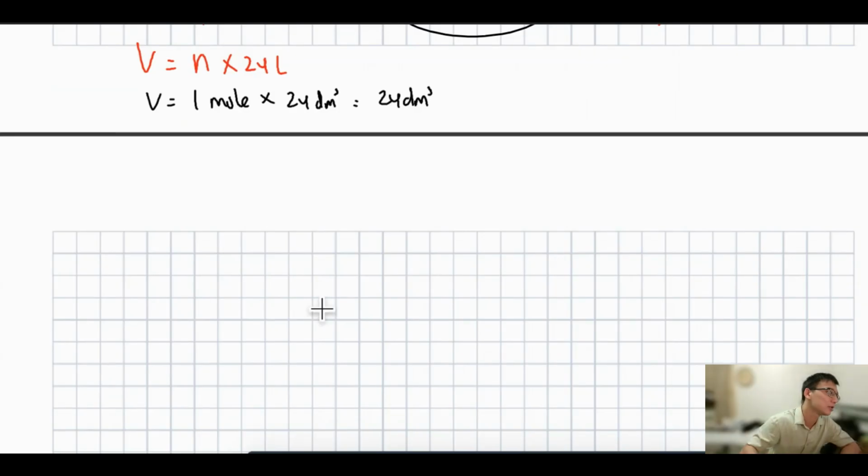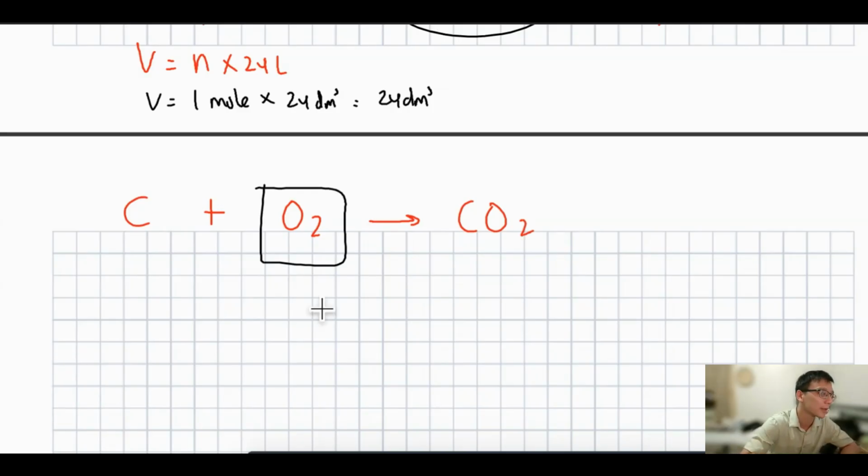Yeah. So for example, the question uses a similar equation like we used before. So they give you the volume of oxygen. For example, they give you 4.8 decimeter cube. And then they ask to find the mass of carbon. So how would we do such a question?